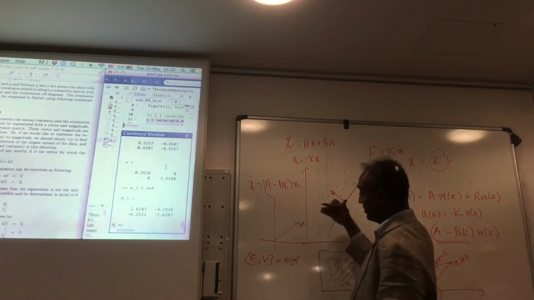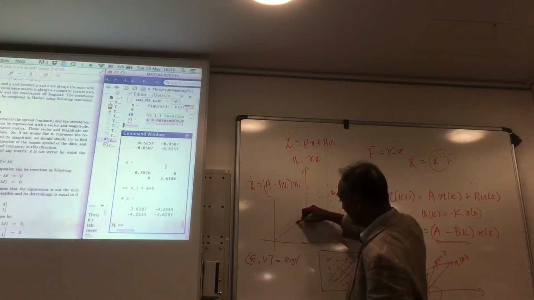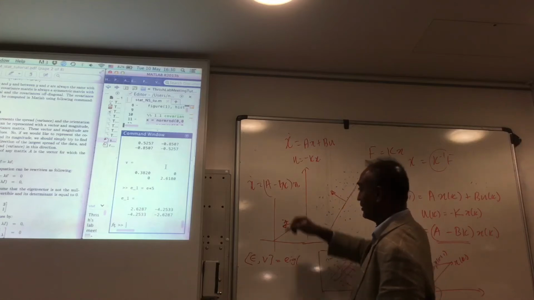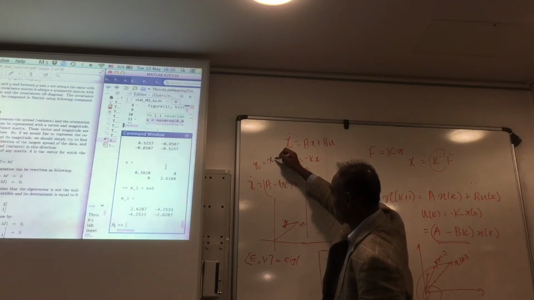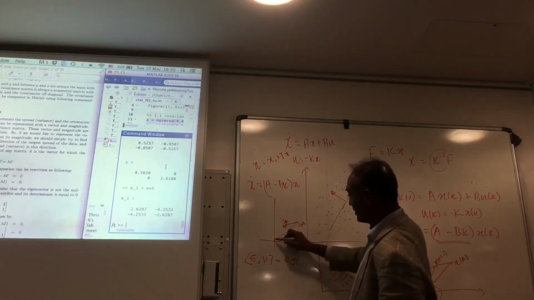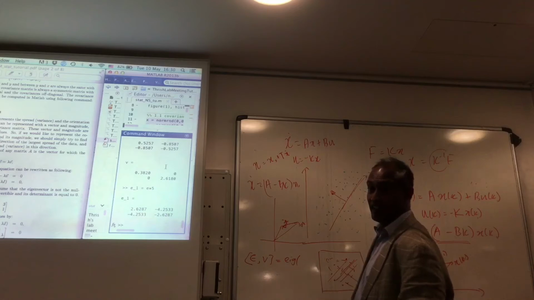Negative means the projection will be in the opposite direction, right? So your x dot will be in the opposite direction always with the rotation. Because then the next state is your previous state plus sampling time times x dot integration, right? So your next state will be less than that, right?